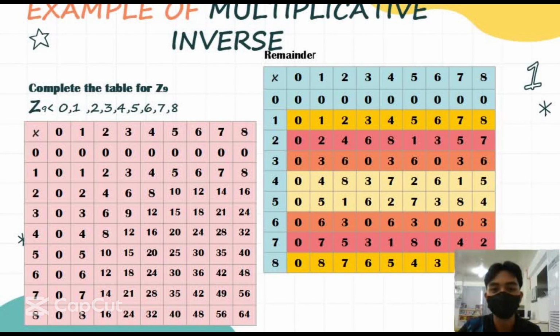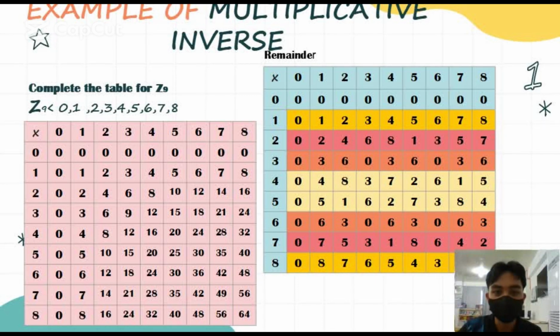And diri sa 1 times 1 is equal to 1, and we know that 1 mod 9 we have the remainder 1. 1 times 2 is 2 and 2 mod 9 is 2, up until diri sa kani nga part. We say 1 times 8 is equal to 8 and 8 mod 9 we have the remainder 8.